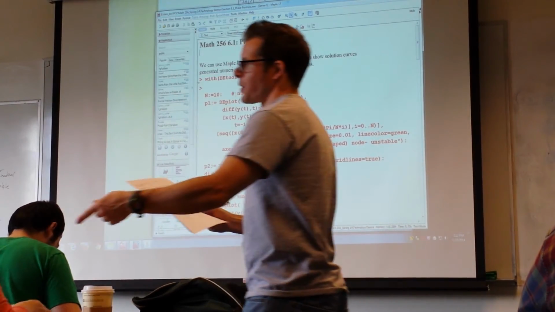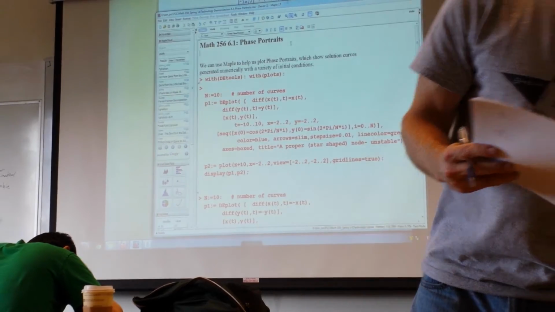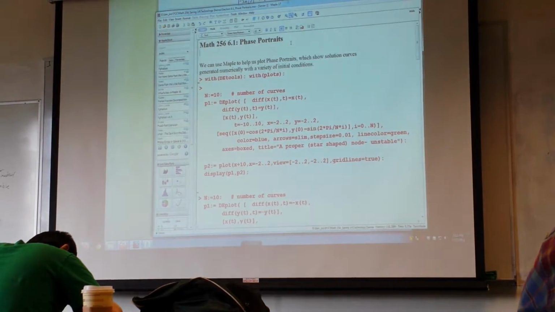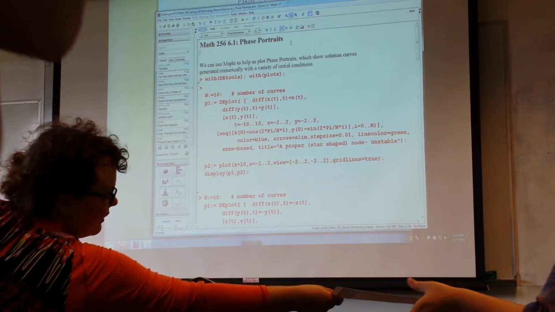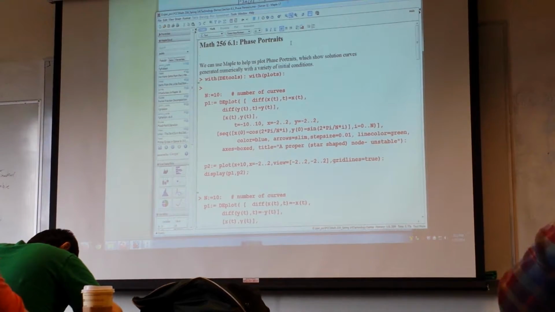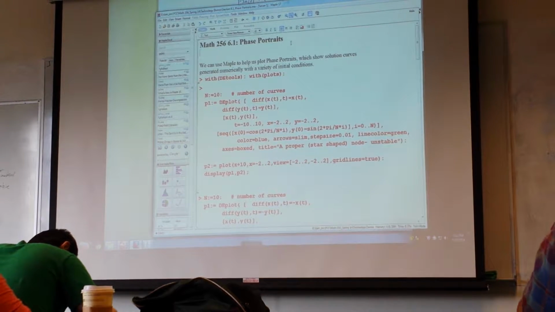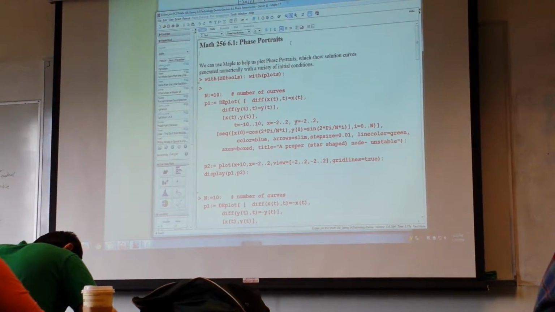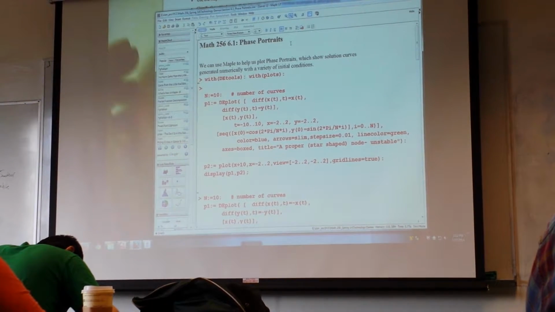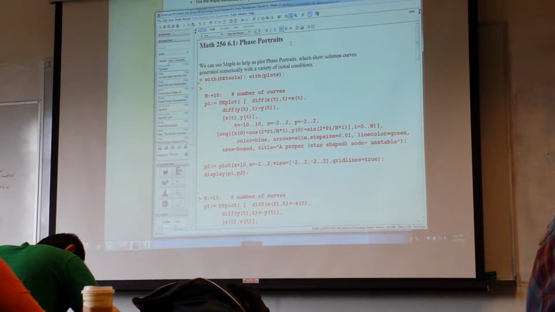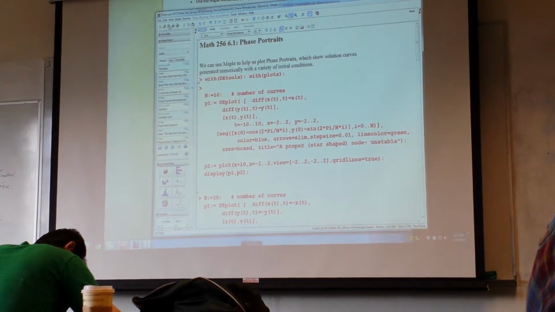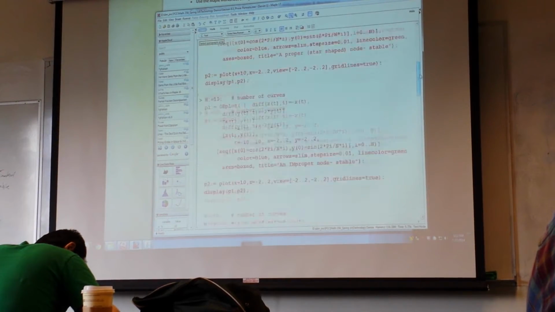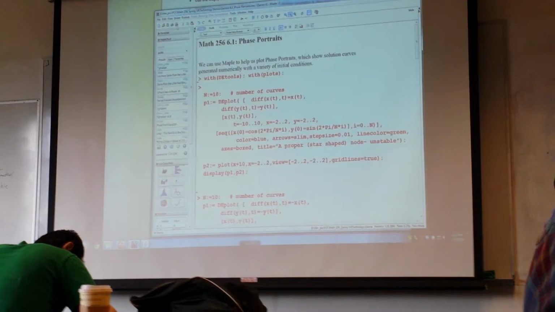You might be able to find the critical point by looking at these ones. Critical points.